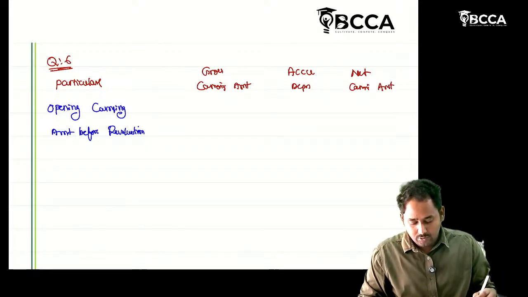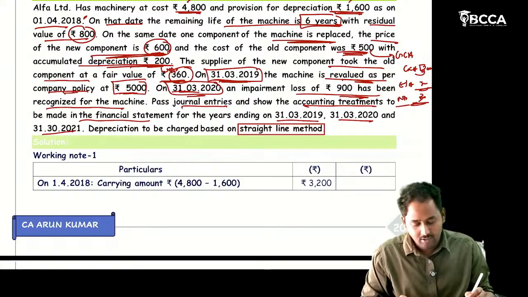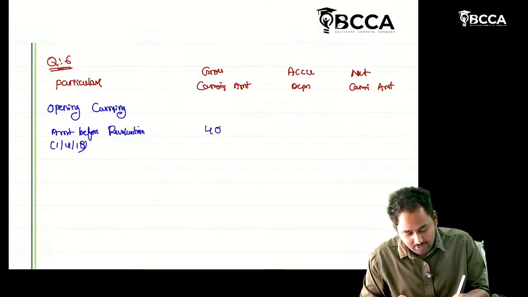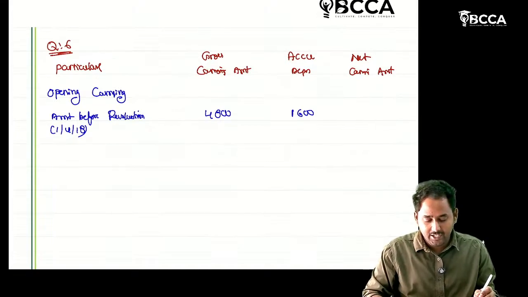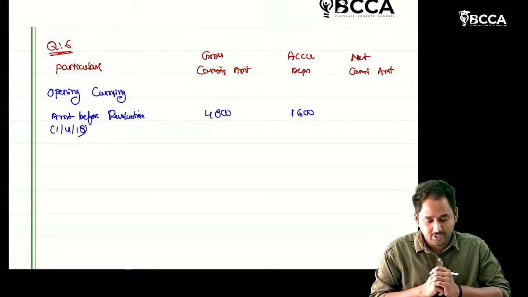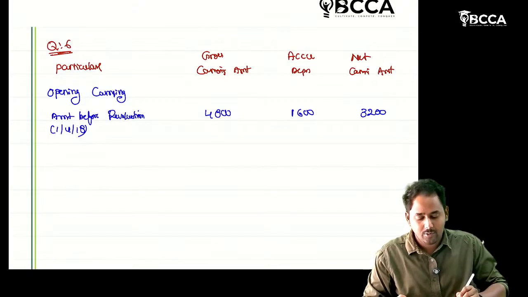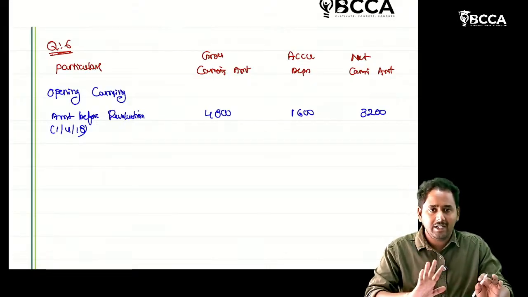What is the opening carrying amount on 1/4/18? It starts from 1/4/18, right? So 4,800 gross and 1,600 accumulated depreciation, giving 3,200 net carrying amount. Gross carrying amount minus accumulated depreciation gives the net carrying amount.